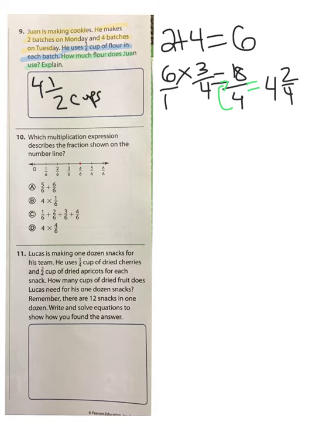And with this one, we need to explain. So we can say that first we added 4 plus 6 to find out how many batches he made, and that's batches of cookies.